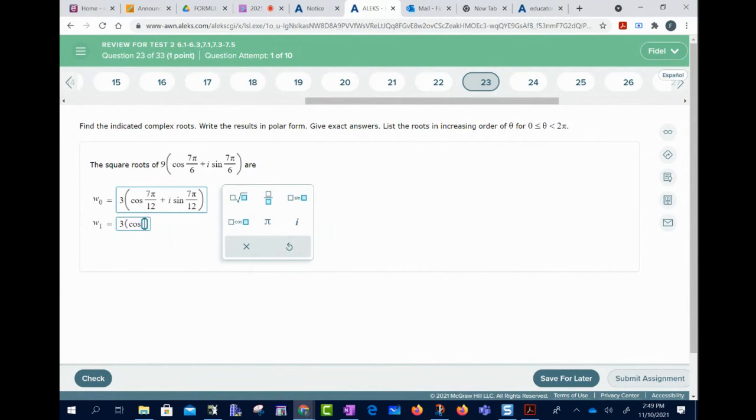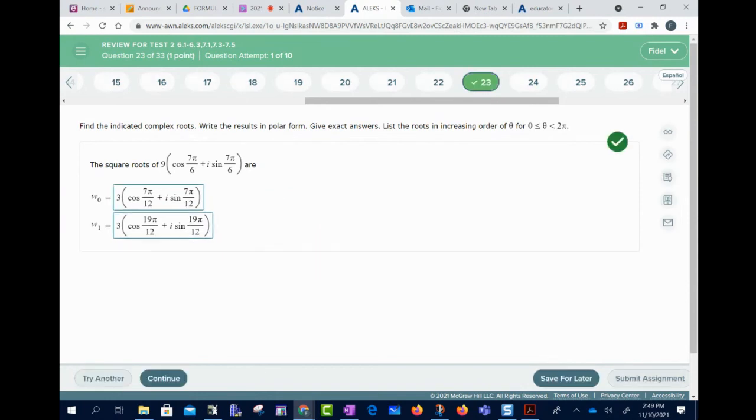Parentheses, cosine of, where's my fraction button? 19 pi over 12, plus i sine, fraction bar, 19 pi over 12. Close it. Check it. Boom. There we go. Jennifer, better? Yeah? Good.